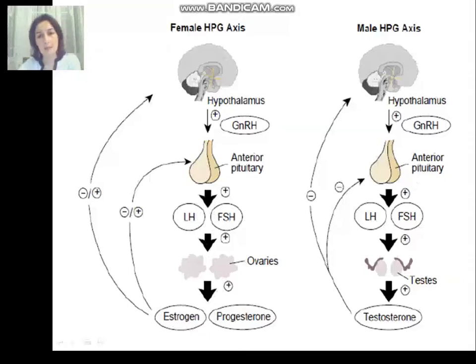The same in the case of the male. The same hormones will come, but FSH and LH in this case stimulate the testes to produce testosterone.